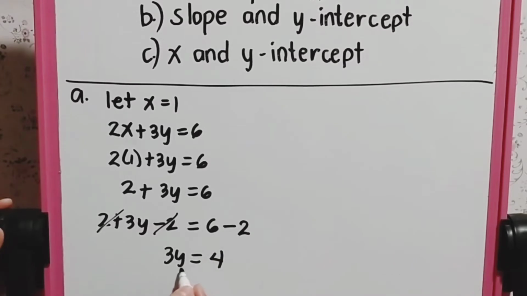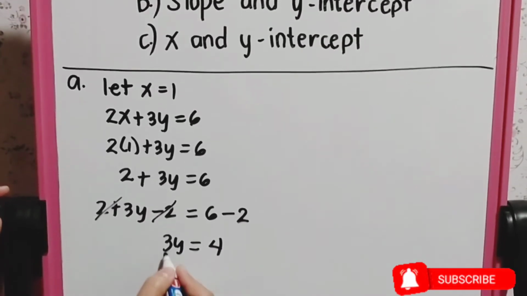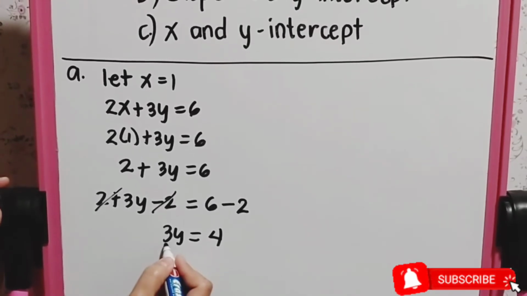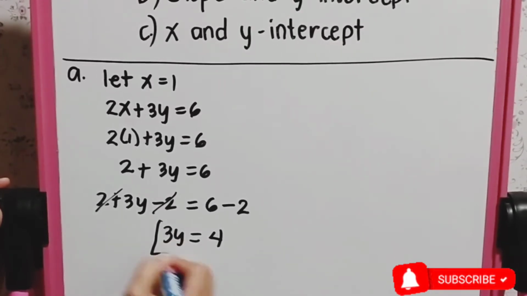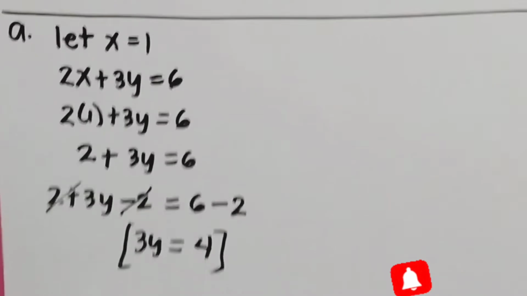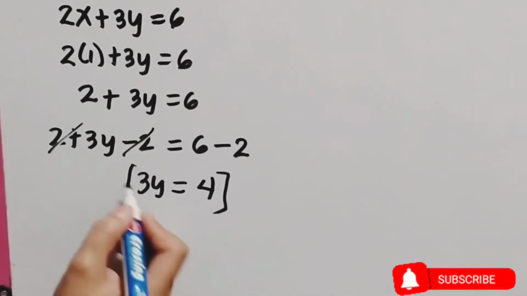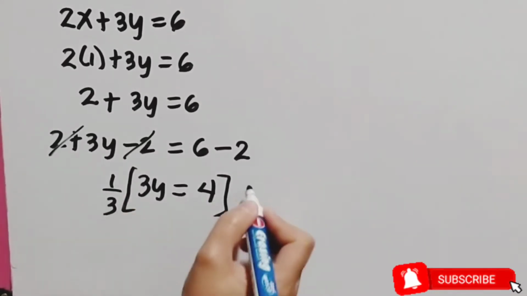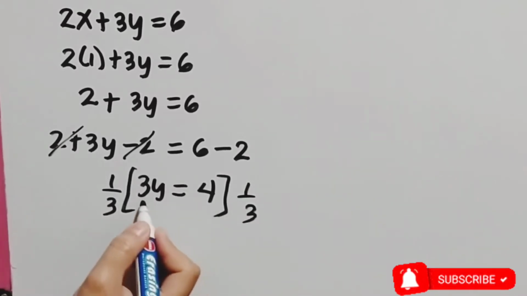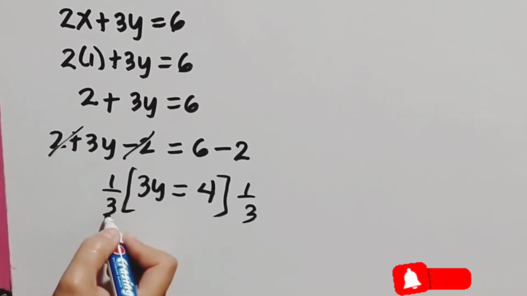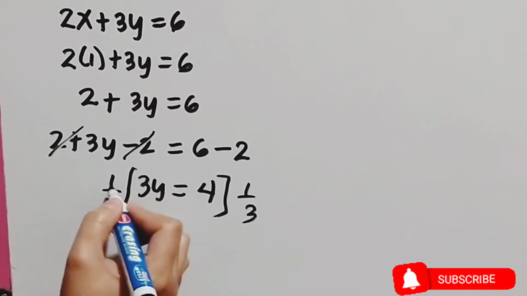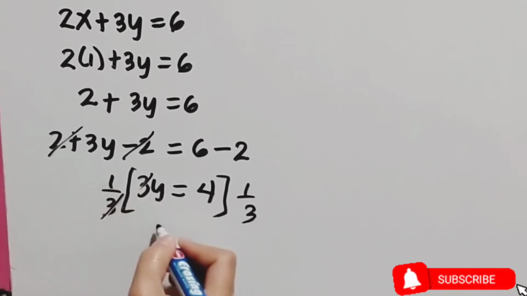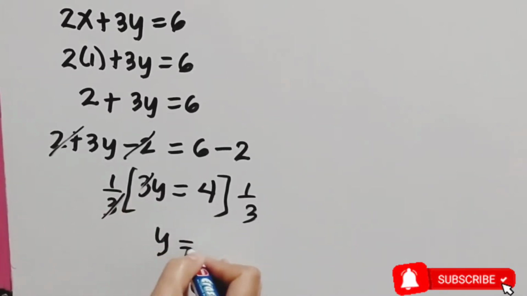So, to find the value of y, kailangan mawala yung 3 at maging 1. Para mangyari yon, we will multiply both sides of the equation sa reciprocal ng 3, which is 1/3. So, kung ano man yung coefficient ng y, doon mo siya i-multiply. So, 1/3 times 3, 1 na lang. So, meron tayong y sa kaliwa.